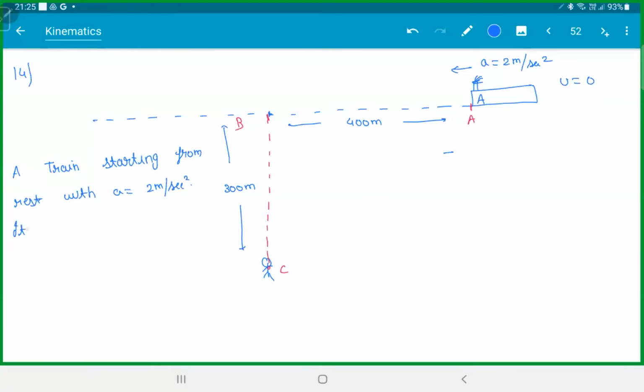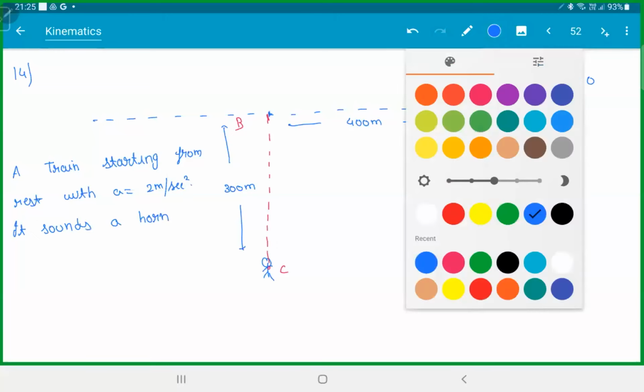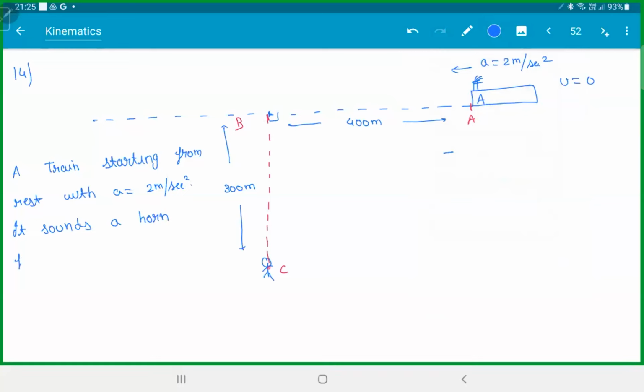It sounds a horn from A to B. So as the train is starting, for the first 400 meters it will be making a sound. It makes a sound, a horn, from A to B.